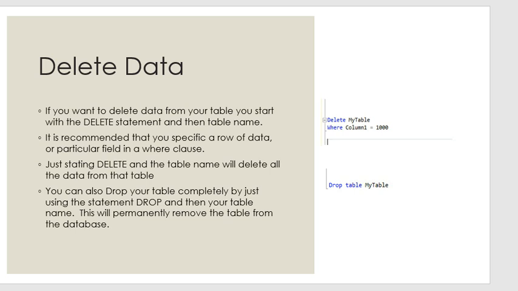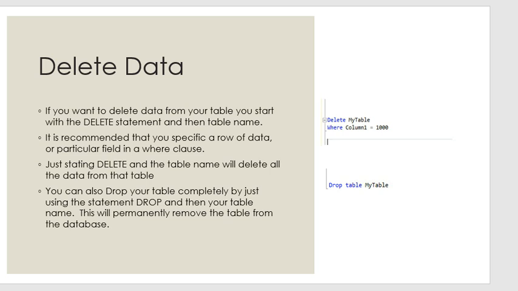If you put delete in my table, it will delete every row out of that table. The table will exist, but you will have no data in it. To completely get rid of the table, you'll use the phrase drop, and this will drop the table completely from your database and permanently remove it.